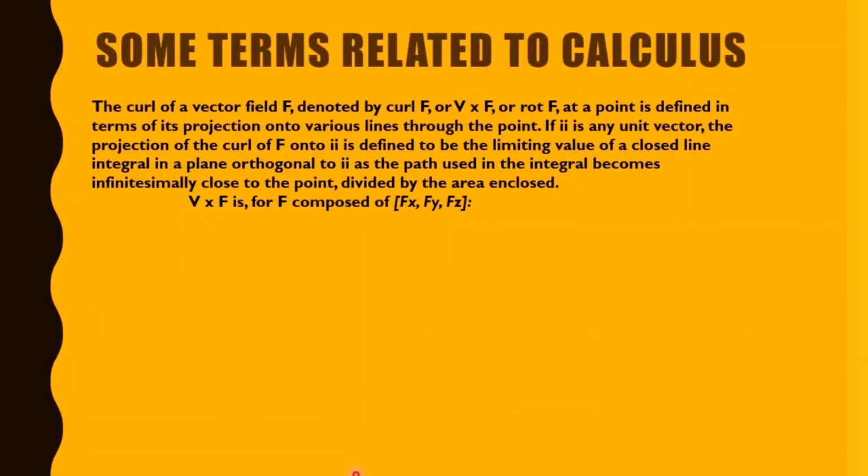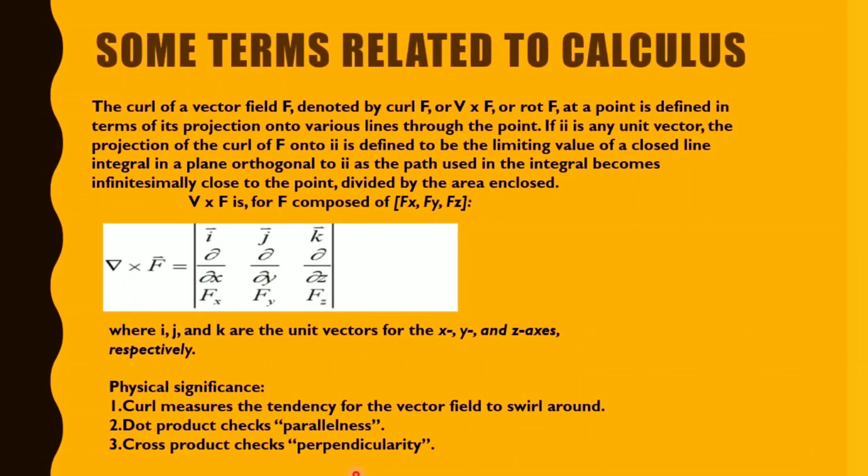Now we will move on and see how the curl of a vector field F, denoted by curl F, or gradient cross F, or rot F, at a point is defined in terms of its projection onto various lines through the point. So you need to see that this gradient cross F will give you, see there is i, j and k, all are vectors.